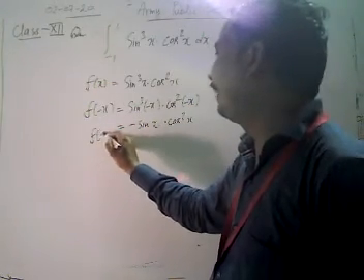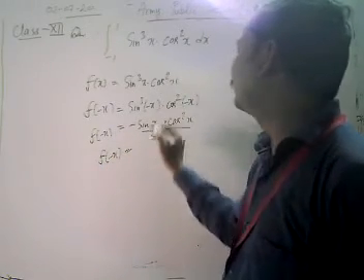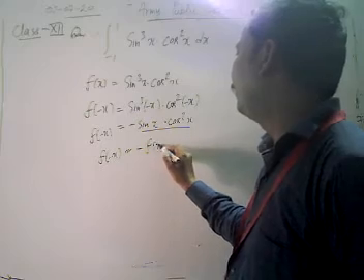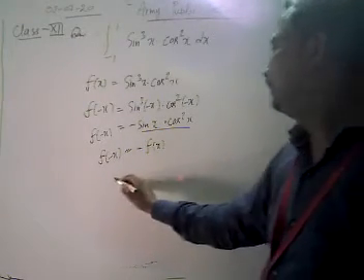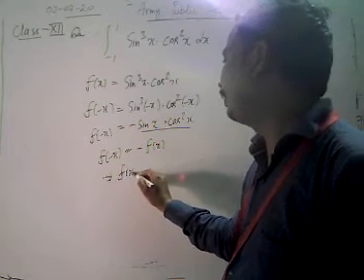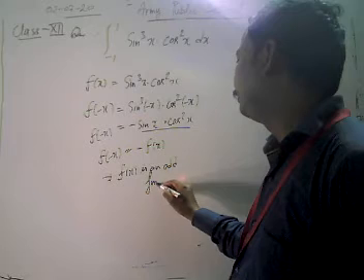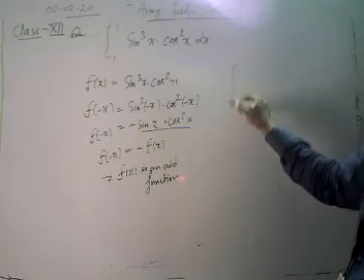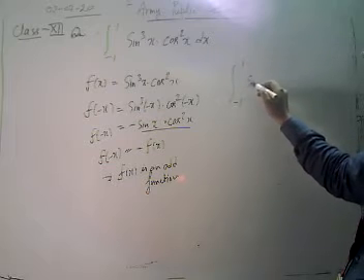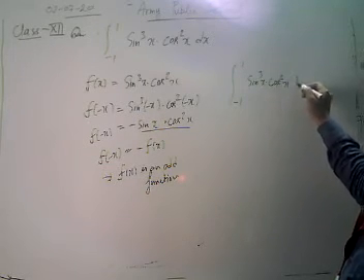Now f of minus x is what do we see? This is minus of f(x). So f of minus x is minus of f(x). This implies our function is an odd function.